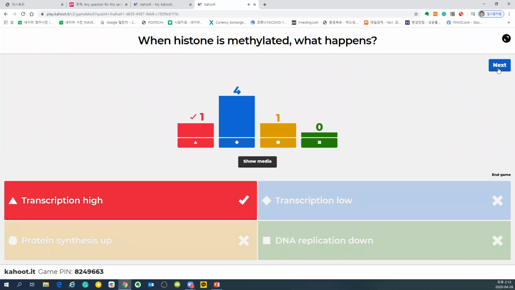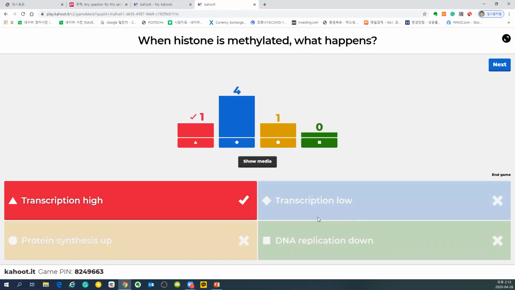Okay, the answer for this is histone methylation. The result, we don't know exactly what is going to happen. So I tried to make a multiple choice, but the answer can be either transcription high or transcription low. We don't know. But the methylation itself on the histone is difficult to predict. If I choose this multiple choice, I should pay for this Kahoot.